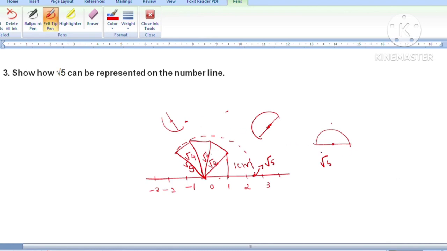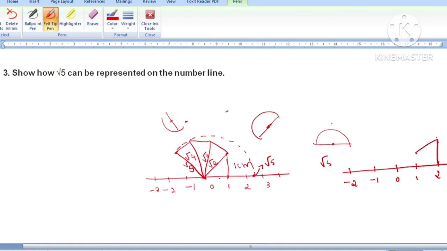One more procedure is to take the number line like this: 0, 1, 2, minus 1, minus 2. Also here, first you can take a 2 centimeter line. At 2 centimeters you have to draw a 1 centimeter straight line.